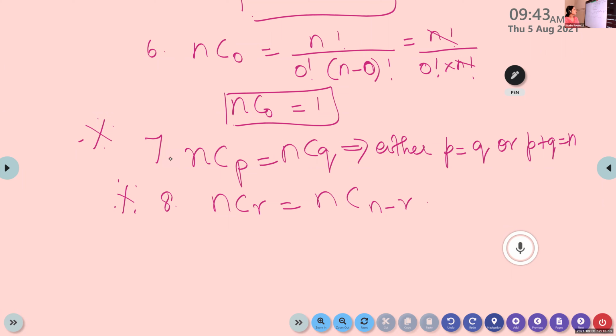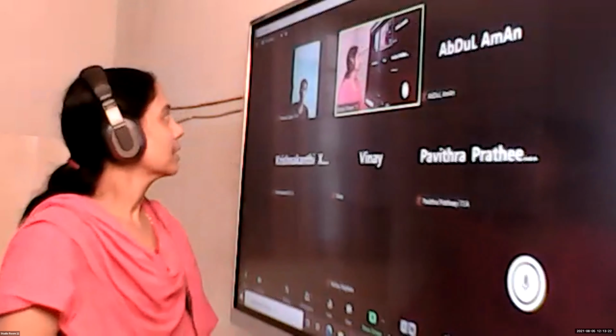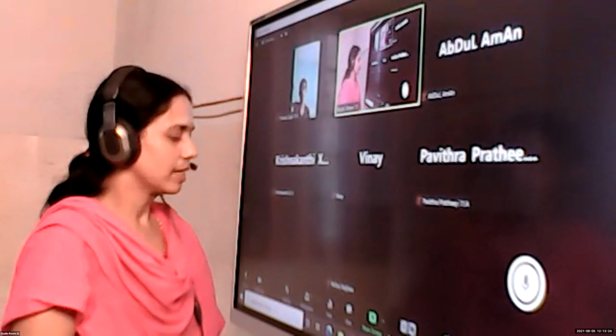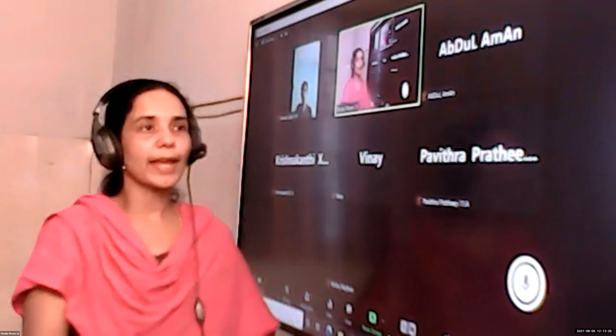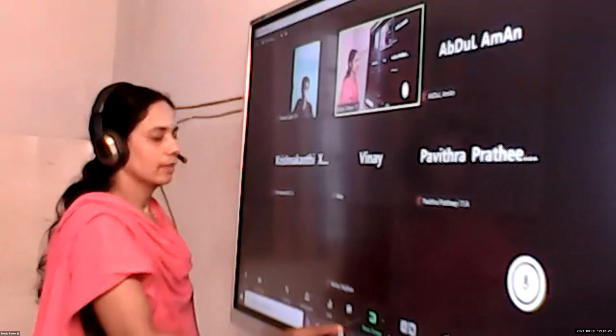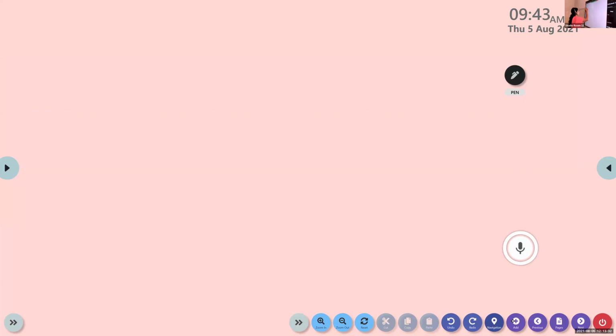Okay, shall we do problems based on this? Write the question. Evaluate the following. First one, 12C2. How to do this 12C2?